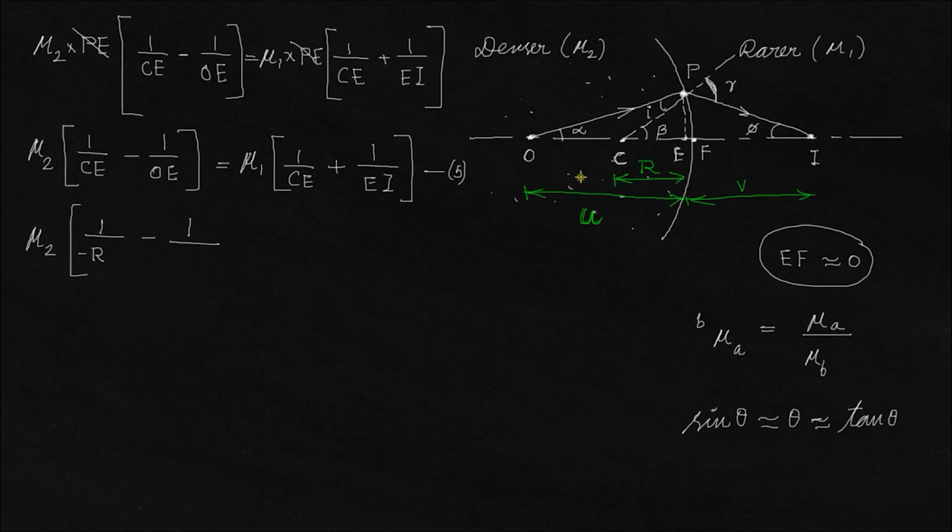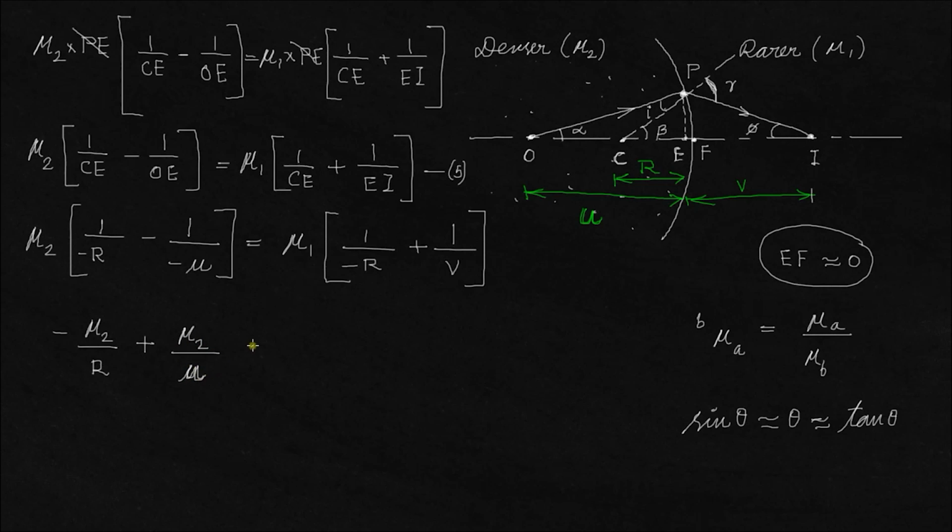Minus 1 by OE is again U, since it is on the left of F, I have to write minus U, is equal to mu1 into 1 by CE is minus R plus 1 by EI, you have to write it as V because it is on the right side of F. Now multiplying, you will get minus mu2 by R. This minus and minus will become plus, and if I take mu2 inside, it will be mu2 divided by U equal to minus mu1 by R plus mu1 by V.